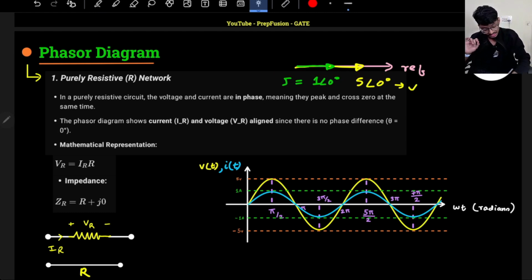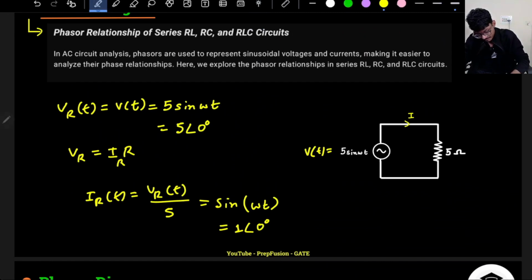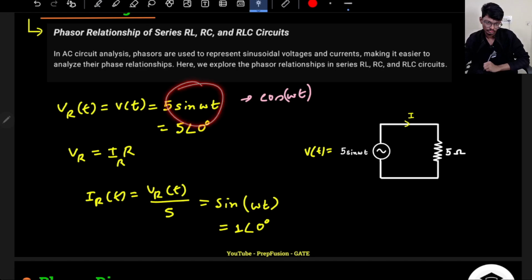The important point is, it's not like they will always be along the reference. The reference might be something else. You can choose the reference to be something else. Let's choose the reference to be cos omega t. So if I choose the reference to be cos omega t, how do I convert this sine into cos?